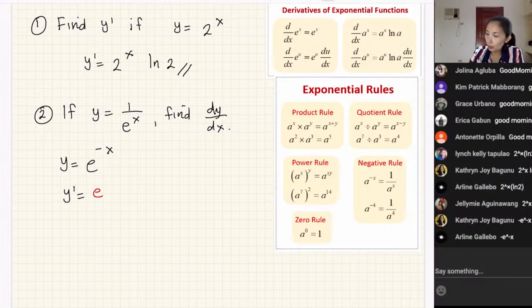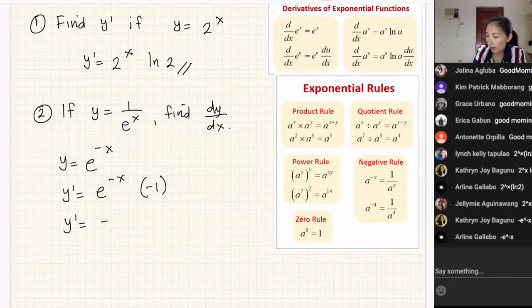So e raised to negative x times the derivative of negative x, which from your chain rule is negative 1. Or, how else can we write this? Y prime could now be written as negative 1 over e raised to x. Okay, so this is our final answer.